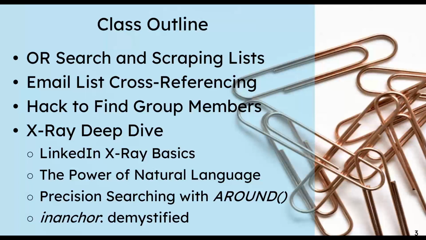And then, of course, we have a sort of flip side to that, and then some other quick hacks, including messaging group members, and then finally a deep dive into X-ray, which comprises the bulk of the end of the session. So for all of those who had questions about X-ray yesterday, they will be answered today.